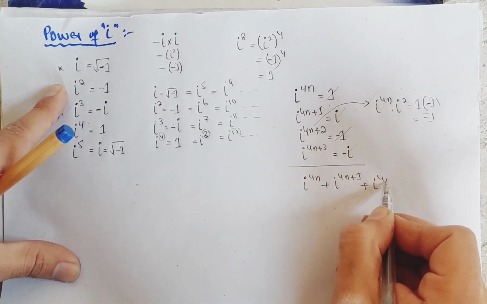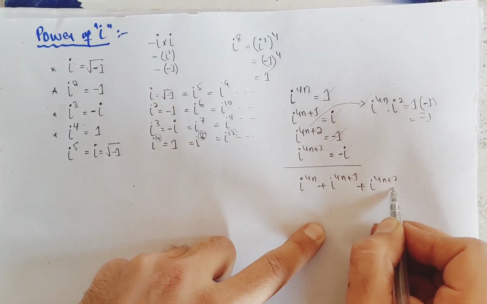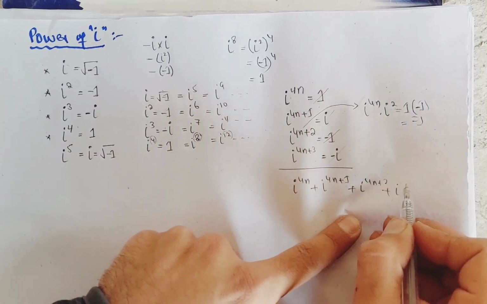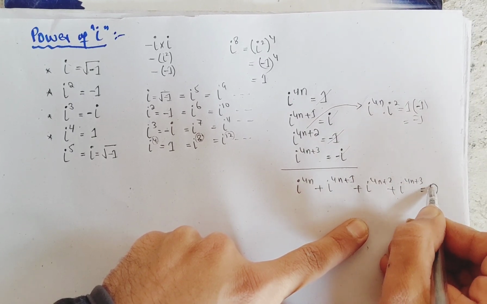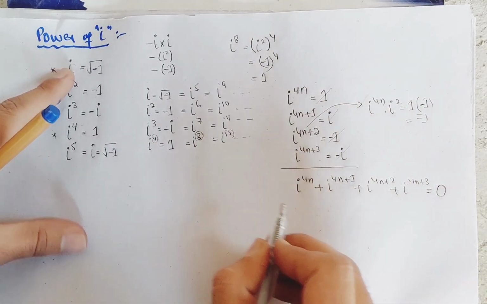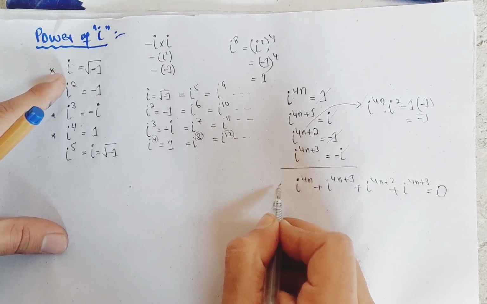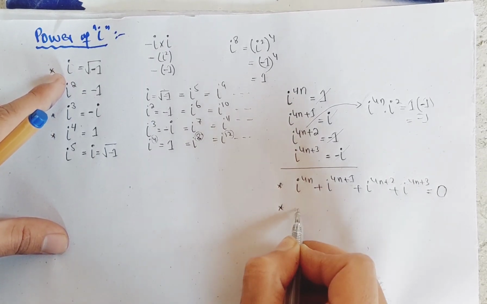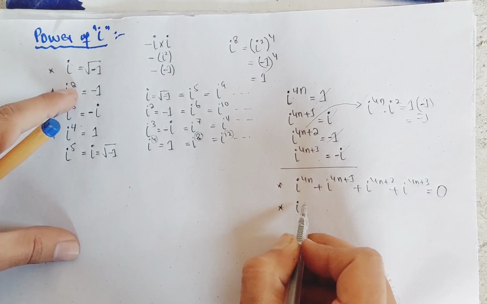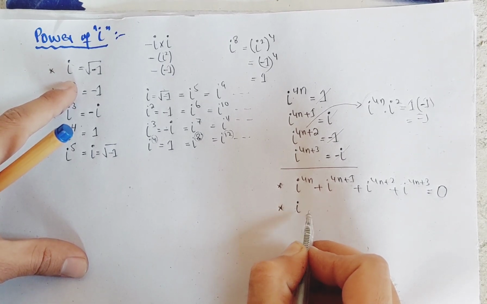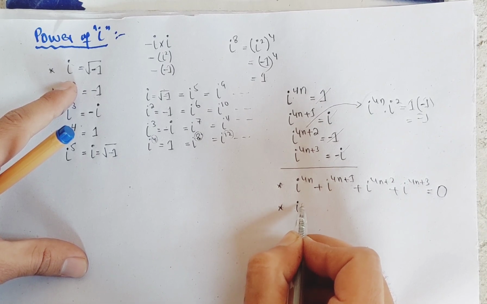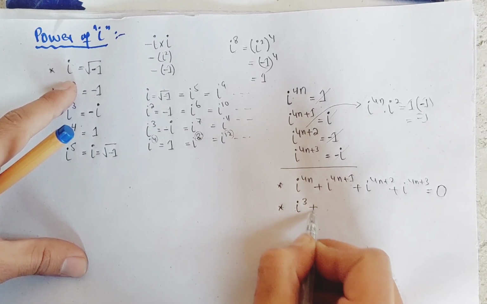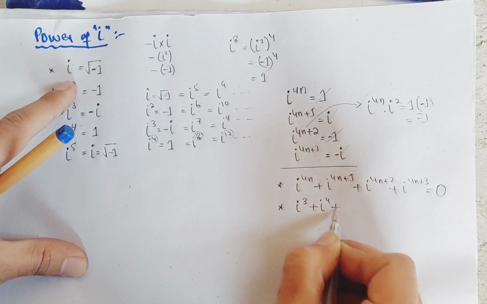This will result in 0. From this you can say, the sum of consecutive powers of iota must be equal to 0. For example, iota power 3 plus iota power 4 plus iota power 5 plus iota power 6. If you simplify it, you will get 0.